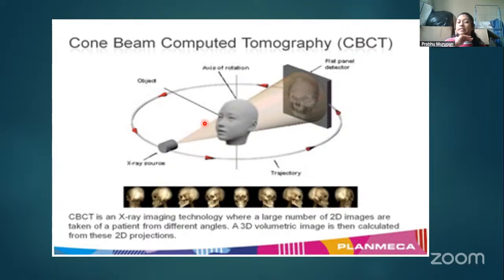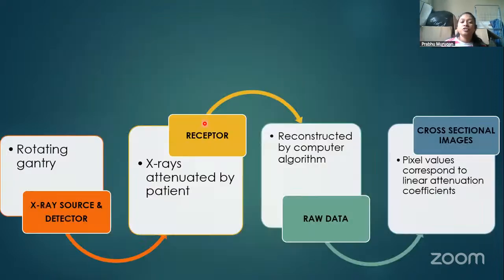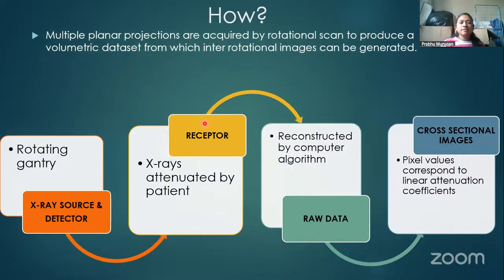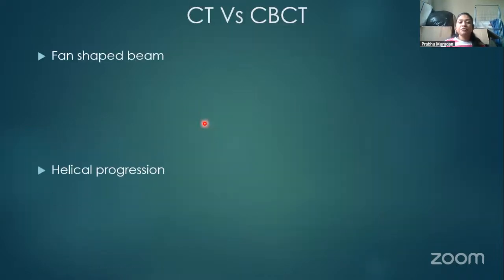CT is definitely the best. But CBCT is more or less equally good, and also the radiation exposure is much lesser. So mostly for head and neck lesions, we make use of CBCT instead of CT, unless it is very, very essential. These things are not very necessary for you.